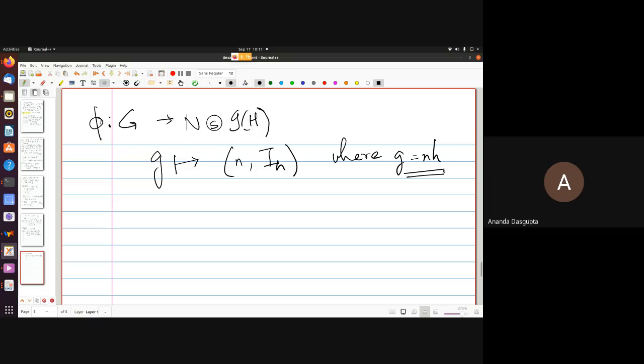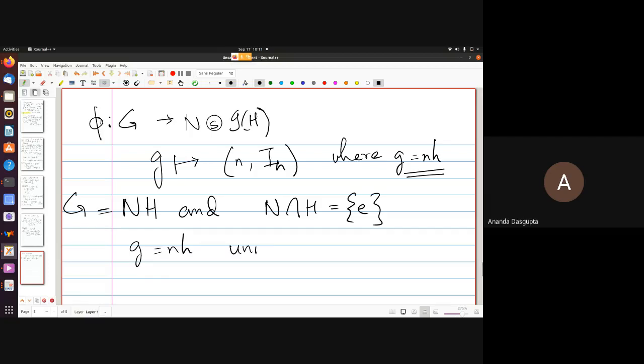So do you realize that we are actually using quite a lot of results that we had already proven in the last proof? When I define a map like this, you must realize that I can do that only because given that capital G is NH and N intersection H is the identity, which is a part of the demand, then G equals NH uniquely.